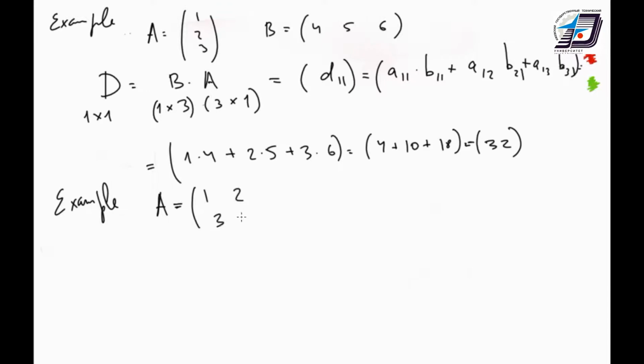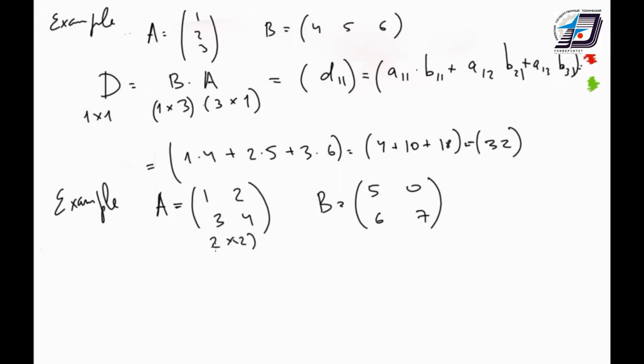Matrix A equals, for example, 1, 2, 3, 4, and matrix B equals, for example, 5, 0, 6, 7. Okay.